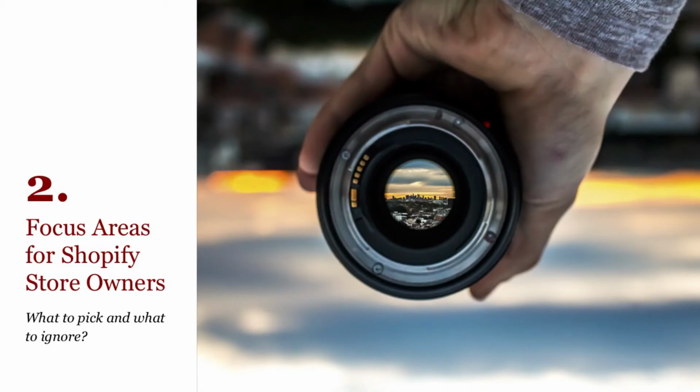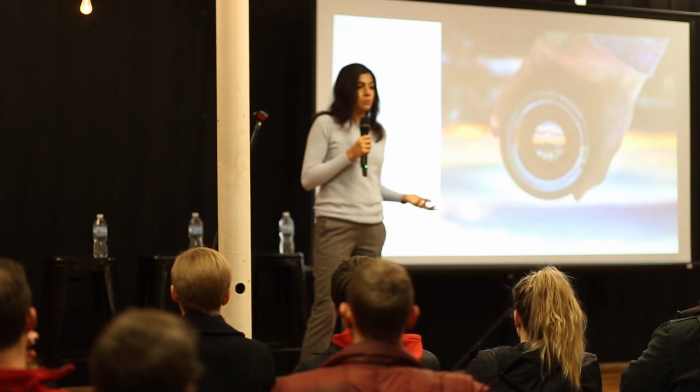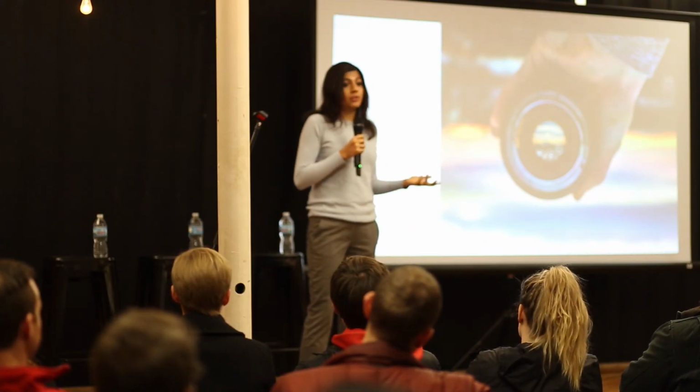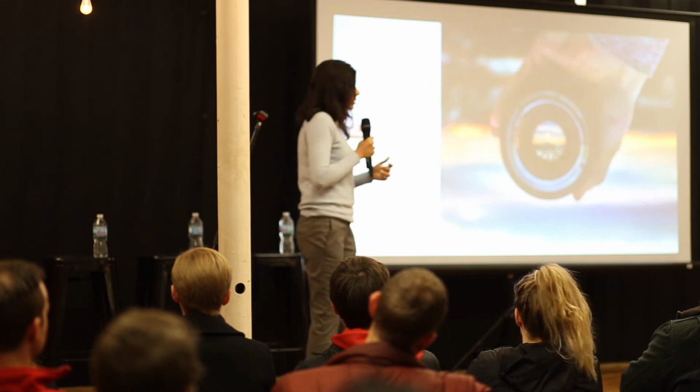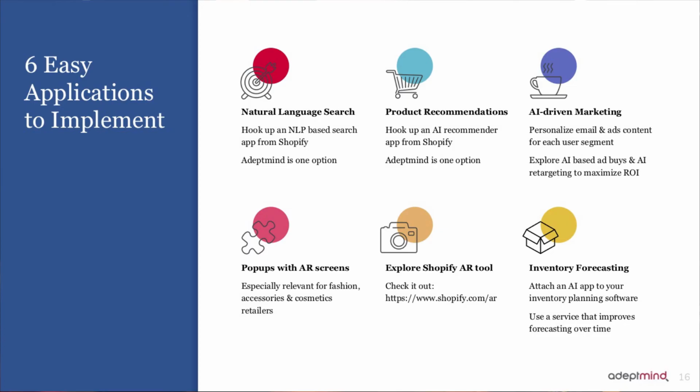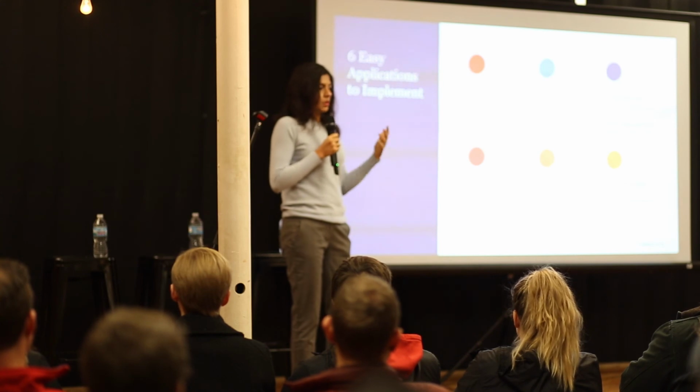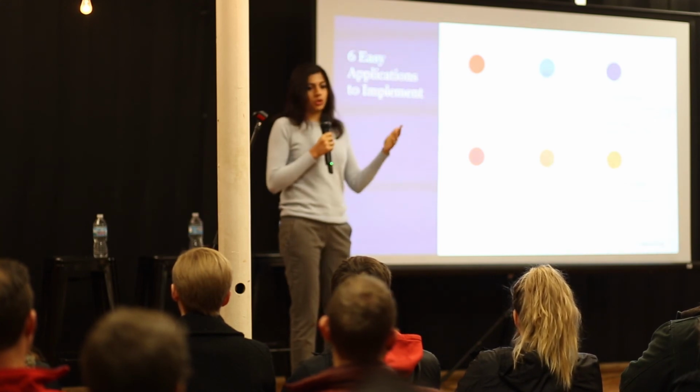So what should be the focus areas for Shopify SMBs now that you know that there are all of these AI-enabled technologies that are relevant for retailers and online retailers especially? I could only think of six very easy to implement applications, which I think you guys should consider, despite your SKU size or your traffic, and whether you're e-commerce first or brick and mortar first.